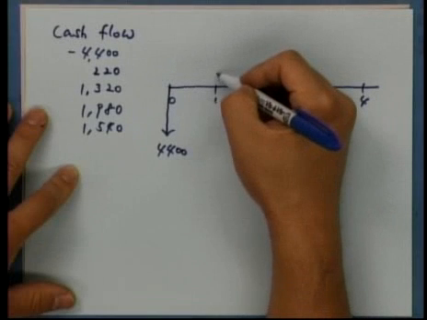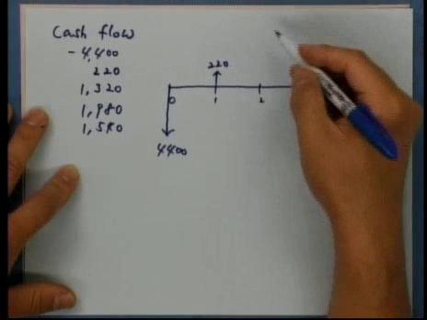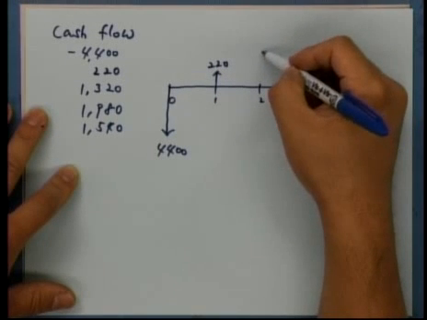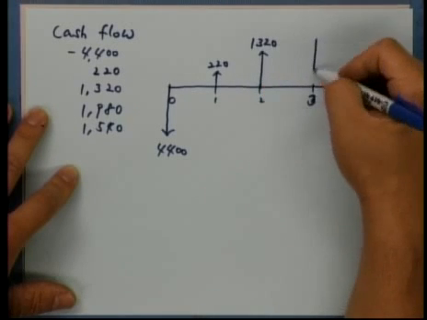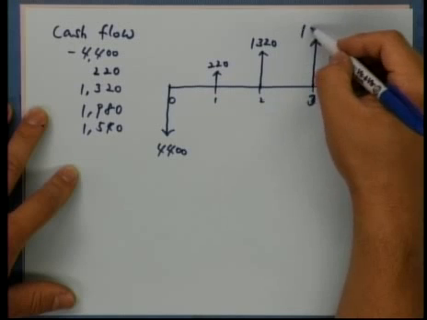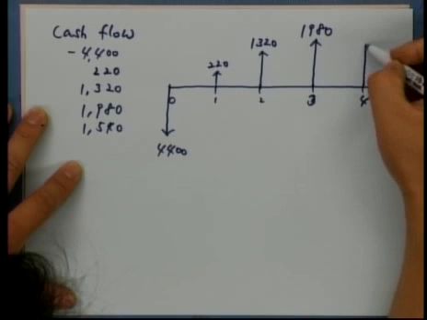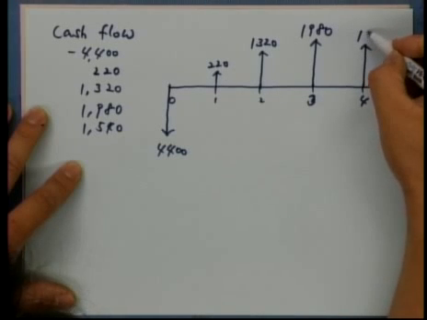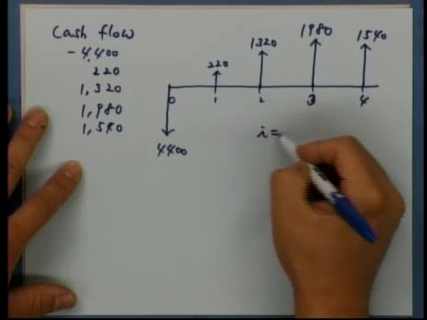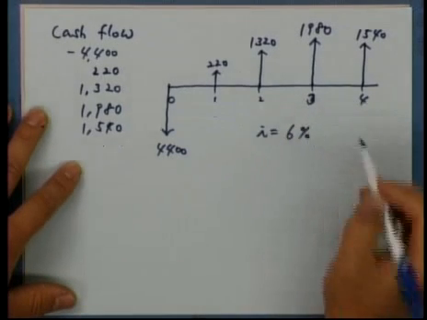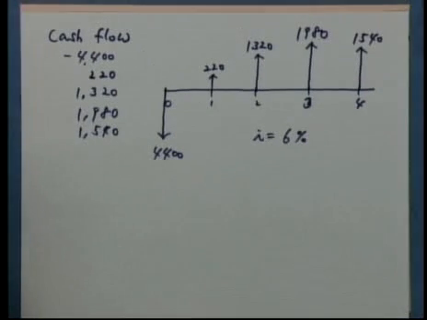At the end of period 1, we have 220. At the end of period 2, 1,320. At the end of period 3, 1,980. At the end of period 4, 1,540. Right? And the interest rate we are going to use is 6%. So this is the problem 5-12.